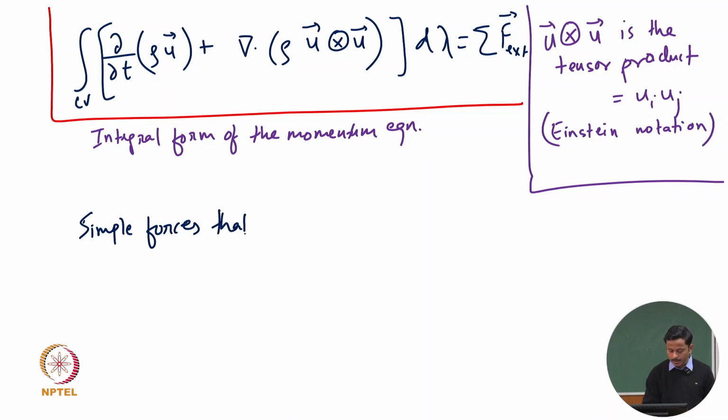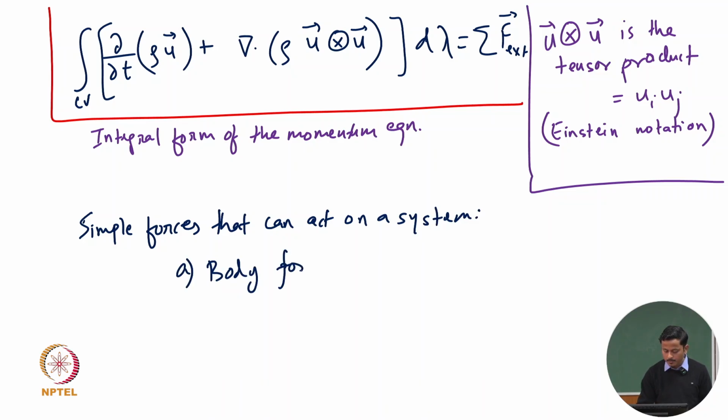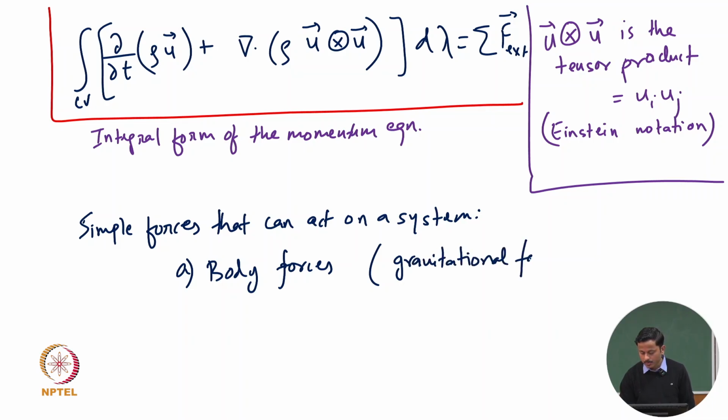Simple forces that can act on a system are body forces. So the body forces are gravitational force, gravitational attraction. It acts on the system and does work as if the whole system is one body. The force acts on the whole volume of the system.